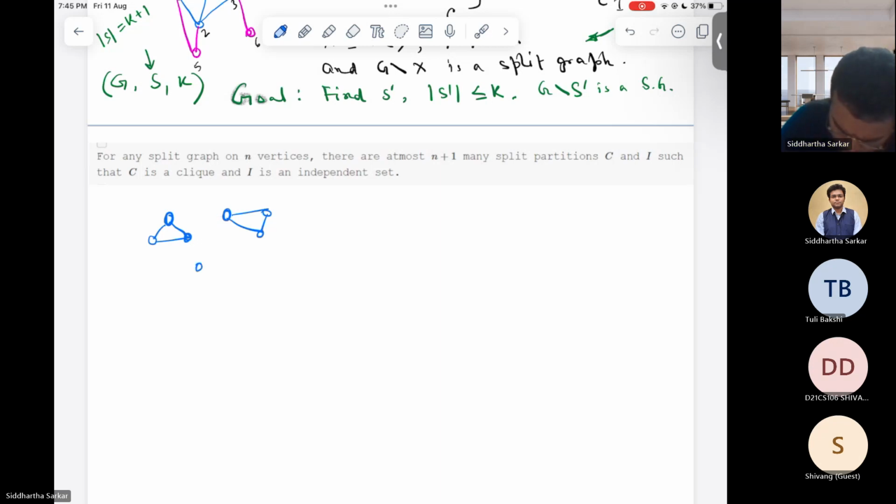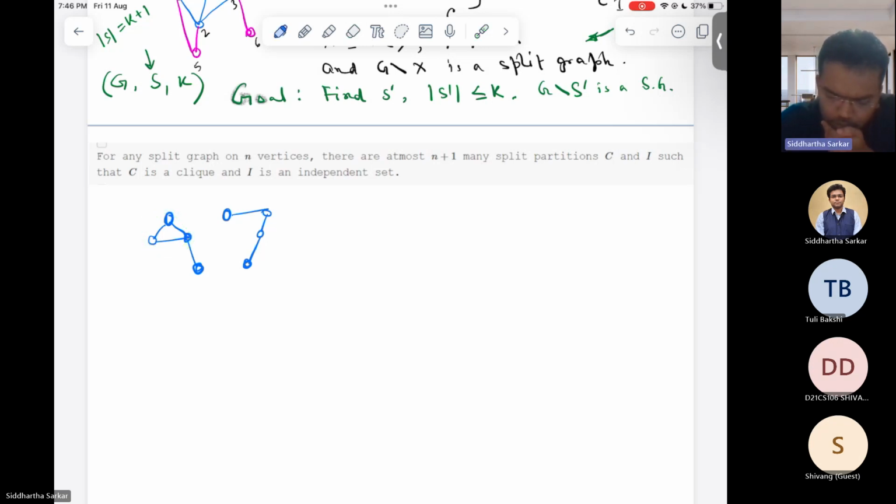Maybe... so this is a clique. This is a maximum clique in this graph, which has size 3.